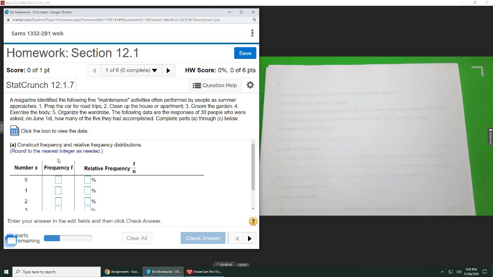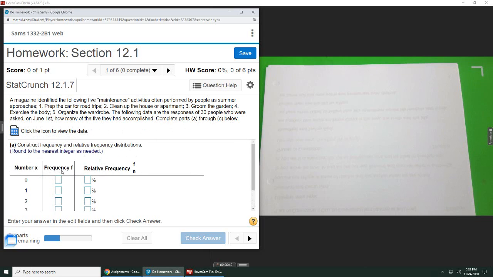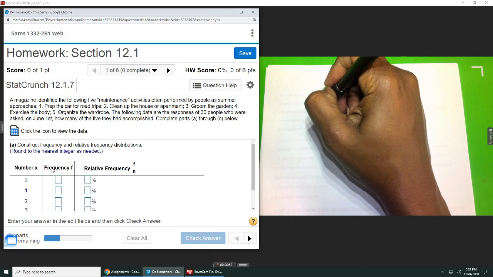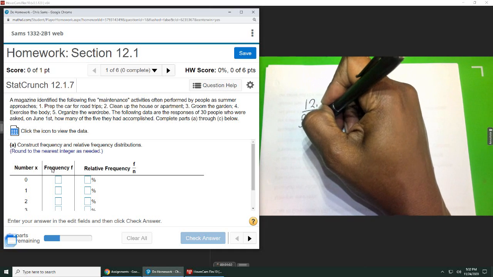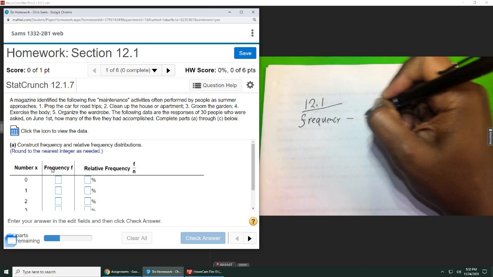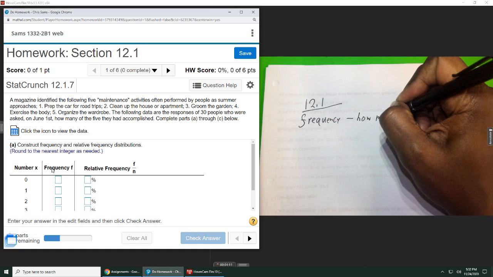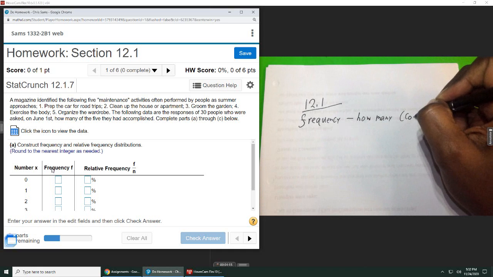Okay, so we have what we call a frequency distribution. Frequency just counts how many. So frequency, how many? That's what you need to understand here. This frequency is how many, it's the count.